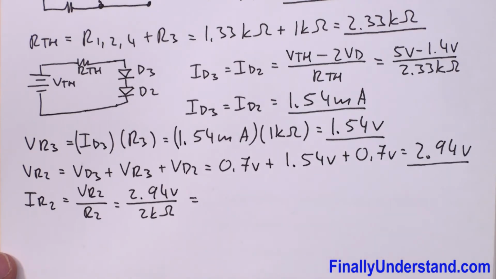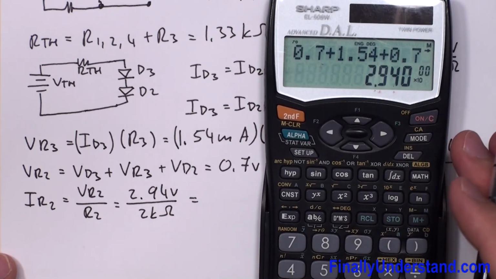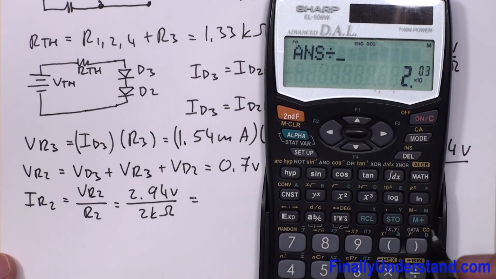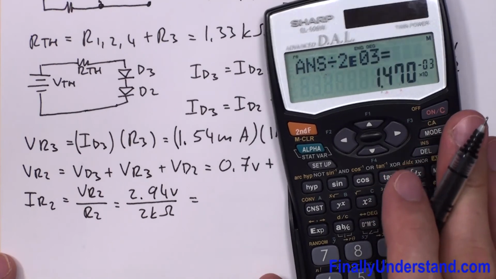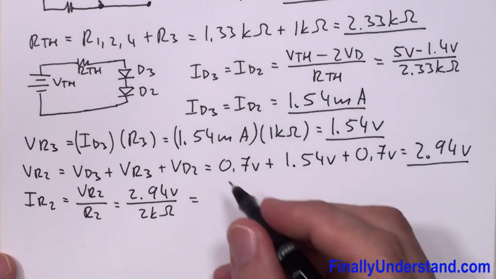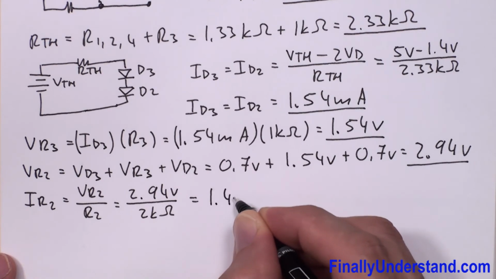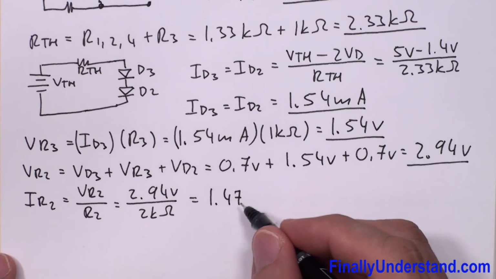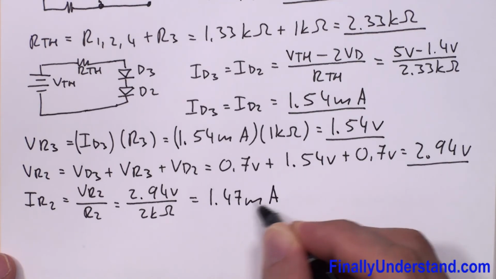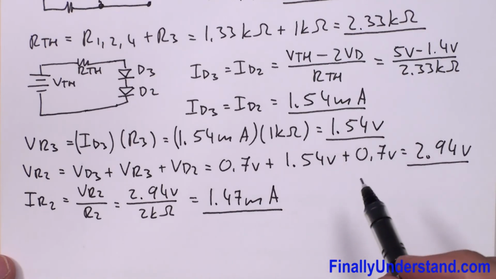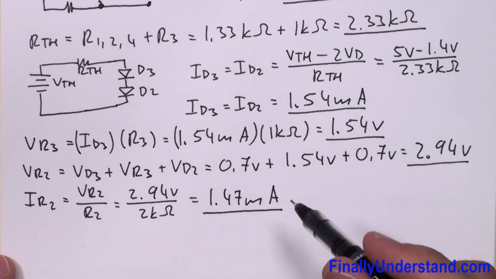This is equal 2.94 divided by 2 times 10 to the 3, is equal 1.47 milliamps. So I found current IR2.